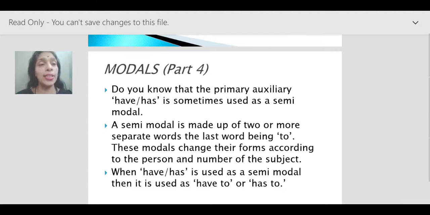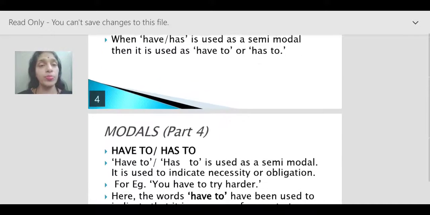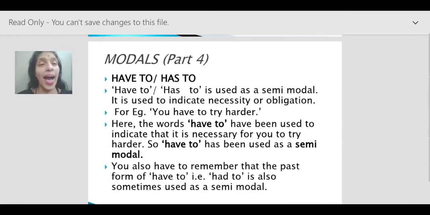These modals change their forms according to the person and the number of the subject. When have or has is used as a semi-modal, then it's used as have to or has to.